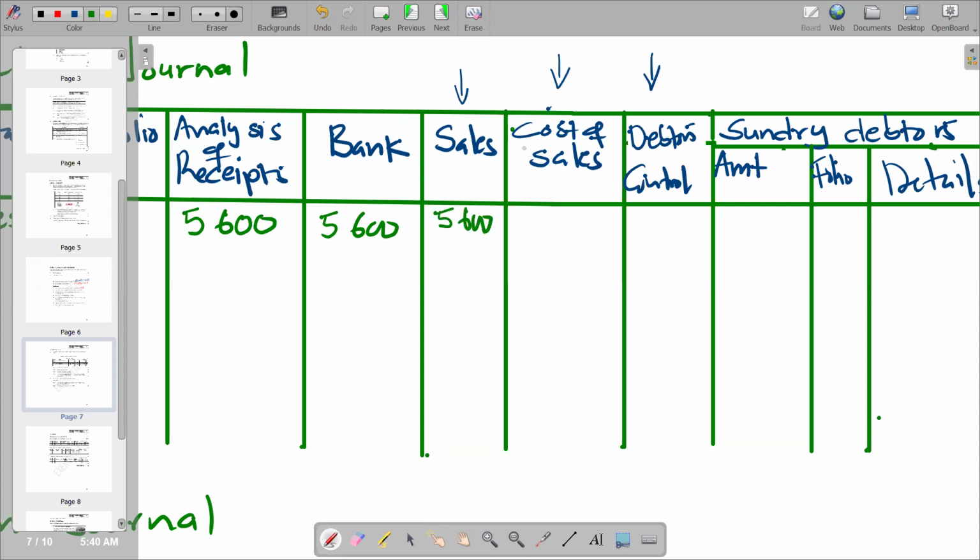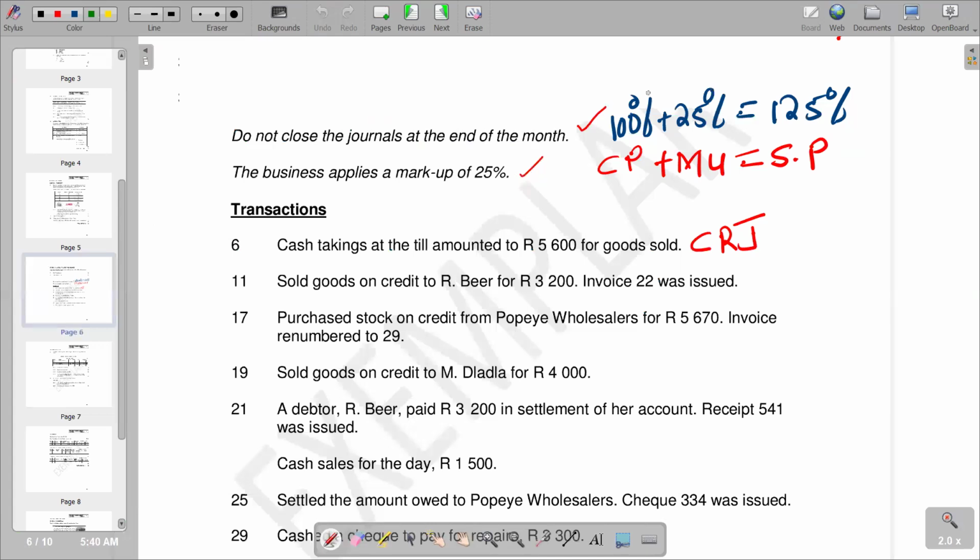And we are supposed also to put the figure for cost of sales. Remember, whenever we sell goods, we have a proportion for cost of sales in that total amount of the sales, that is our selling price, and then we get our cost of sales. We have already put down the formula that we can use. So here, this is the representation that we are calculating cost of sales.